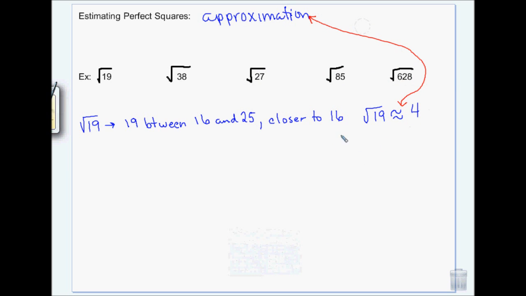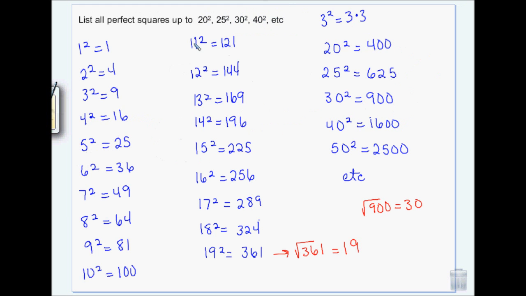We do the same thing for 38. 38 is between which two perfect squares?